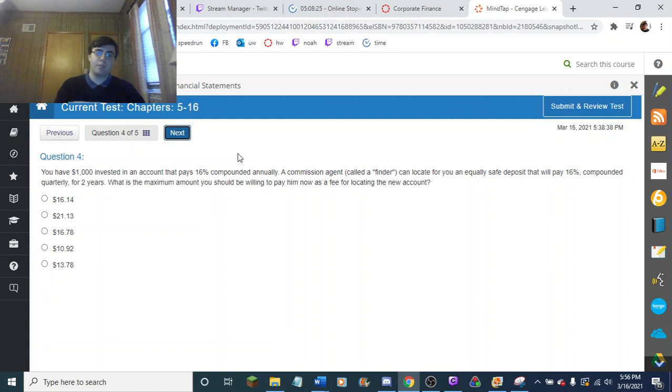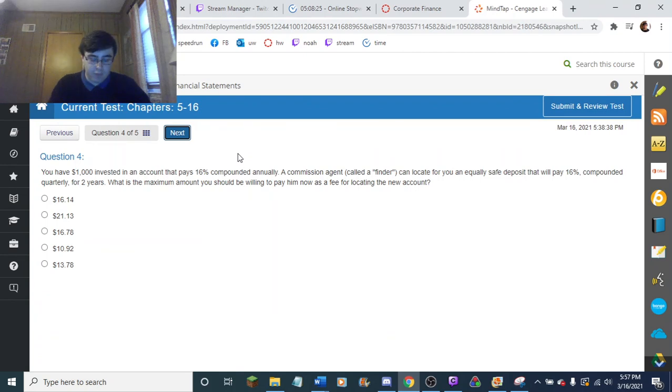No, that's not how you do the question. What's the effective rate of the second thing? The second thing is the nominal rate 16, enter, and the number of payments per year is 4.